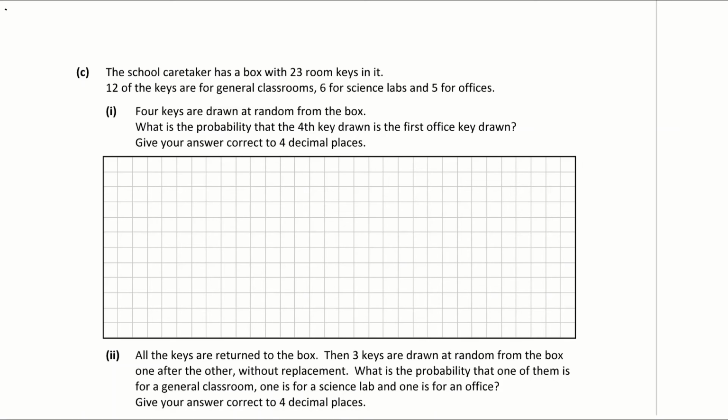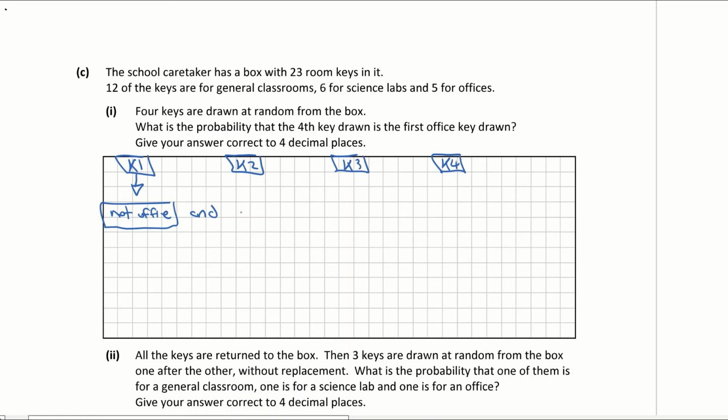Okay, so we have 4 keys being drawn out of this box. So let's go with K1 for key 1. We have key 2. We have key 3. And we have key 4. Now the first key that's drawn out of the box cannot be an office. So I'm going to go not office.